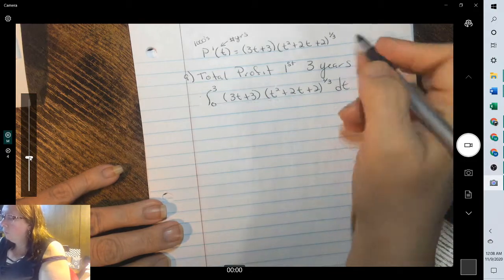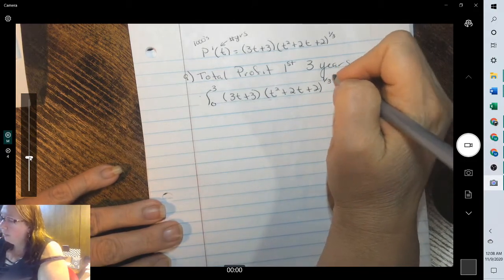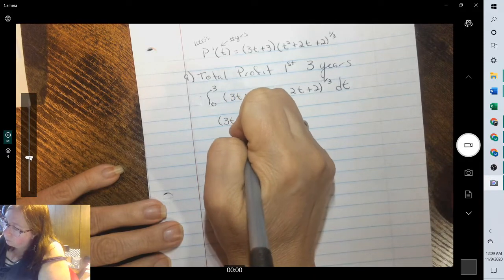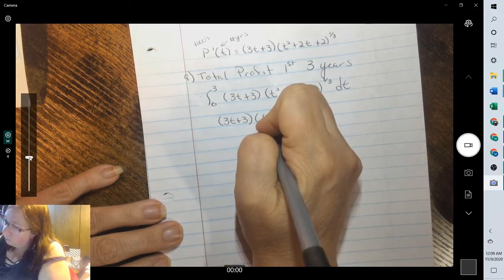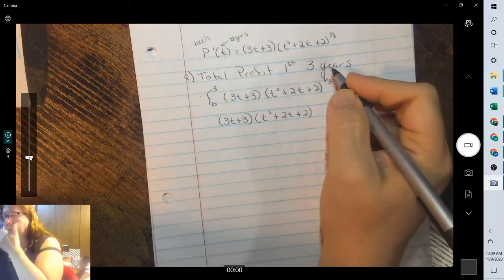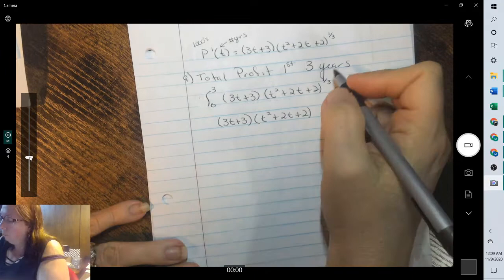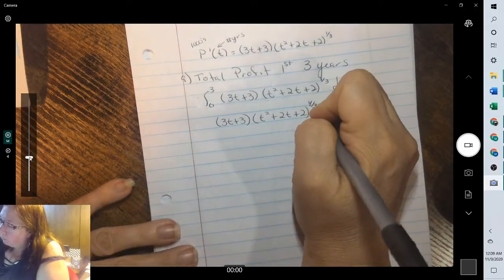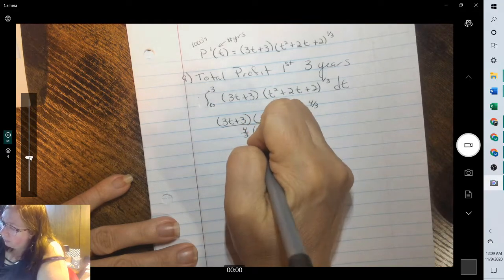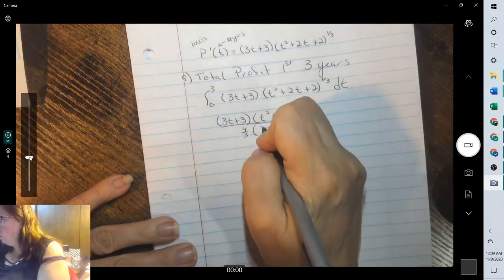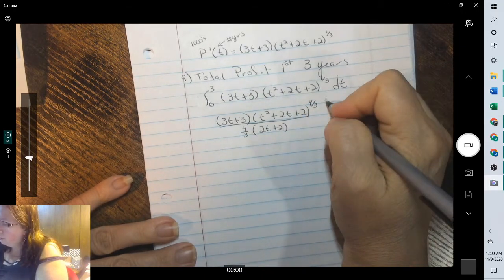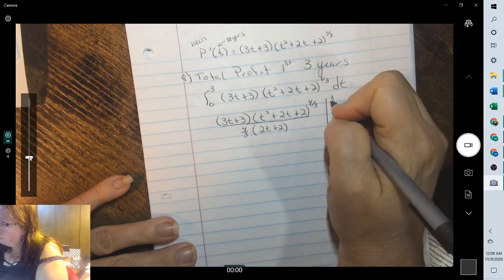Remember, you work with this part, so keep everything the same till you get to that exponent. So we add 1 to the exponent, and we get 4/3. We divide by 4/3, and the derivative of the inside, which is 2t plus 2. We don't need plus c because we're plugging in values.